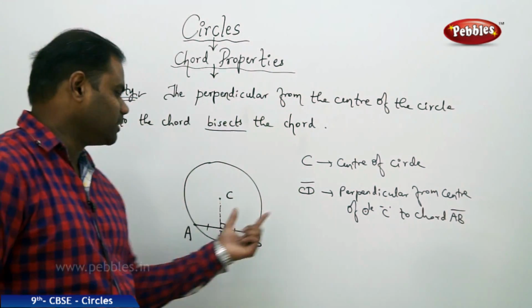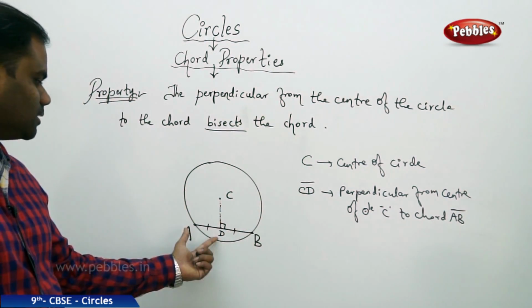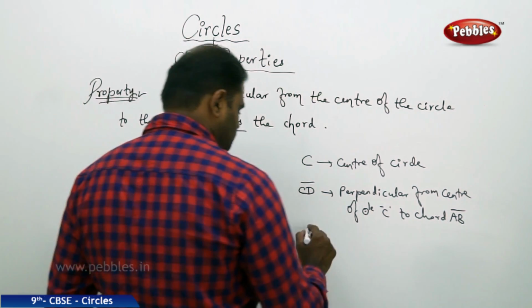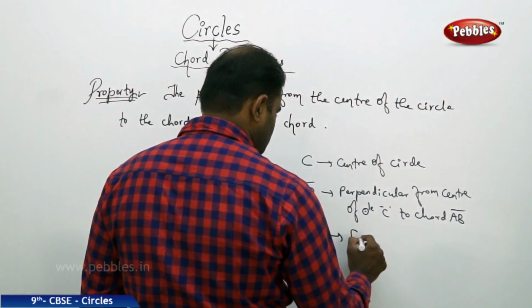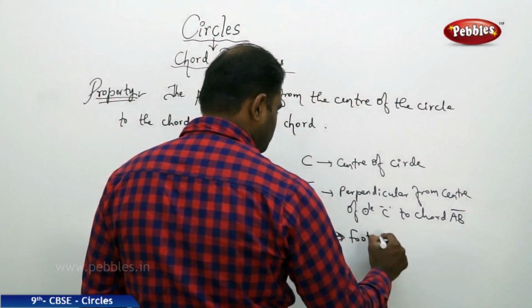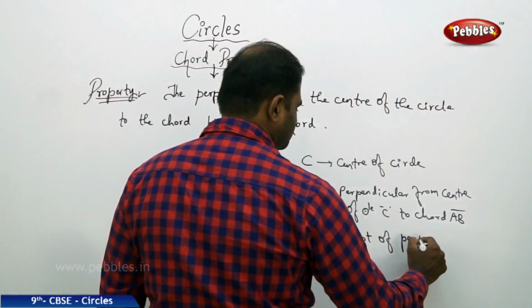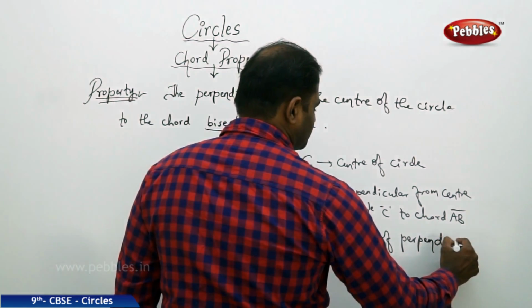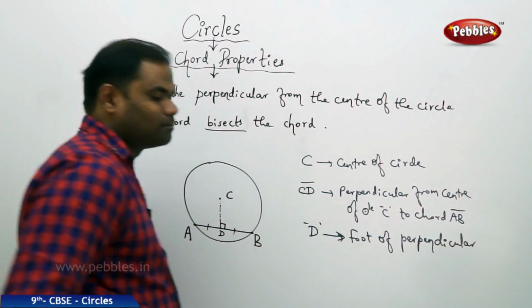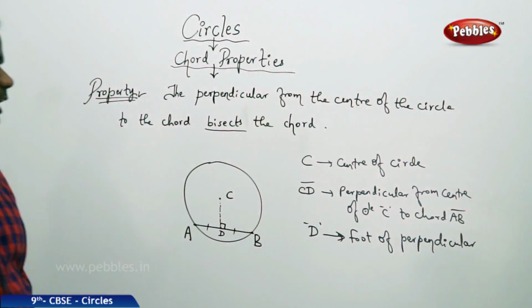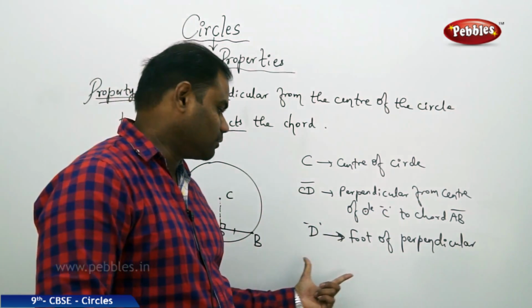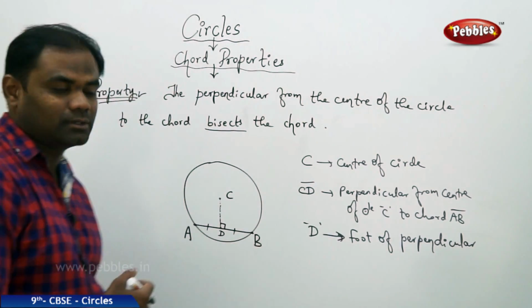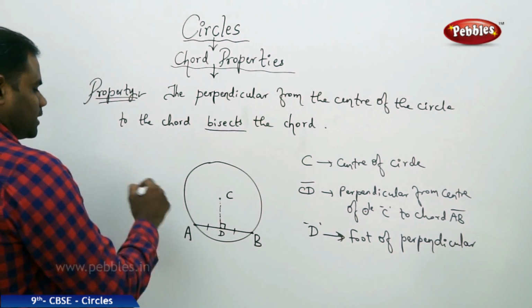So CD is the perpendicular distance from the center of the circle C to chord AB, and D is the foot of the perpendicular. So here I have the center of the circle, the perpendicular distance from the center to the chord AB, and D is the foot of the perpendicular.